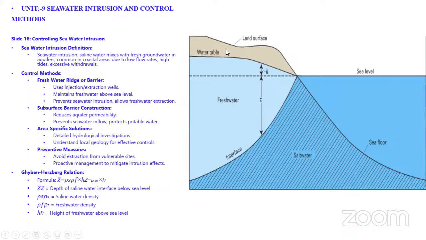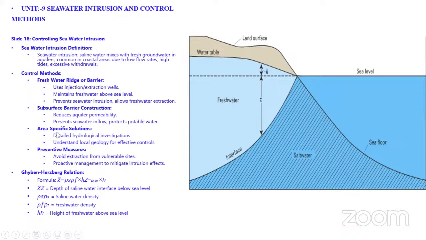Okay, we have to maintain fresh water above sea level, using injection wells or extraction wells, to prevent seawater intrusion and allow freshwater extraction. And subsurface barrier construction reduces aquifer permeability, prevents seawater inflow, and protects potable water.